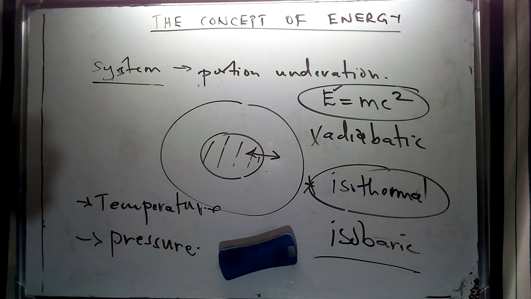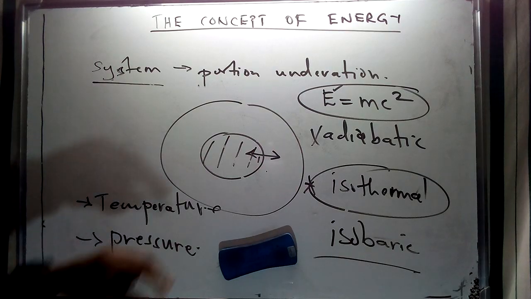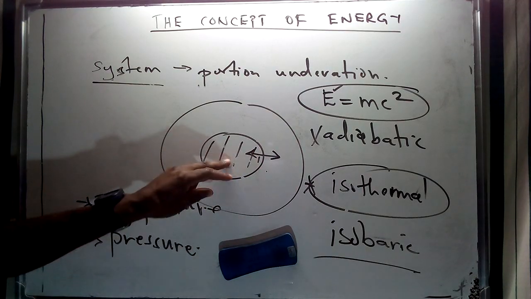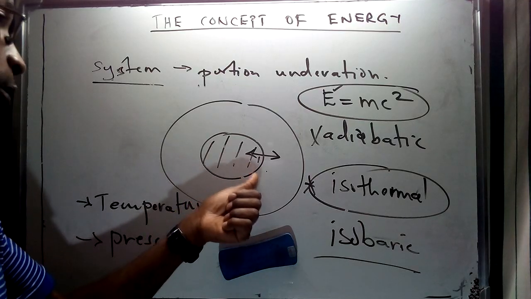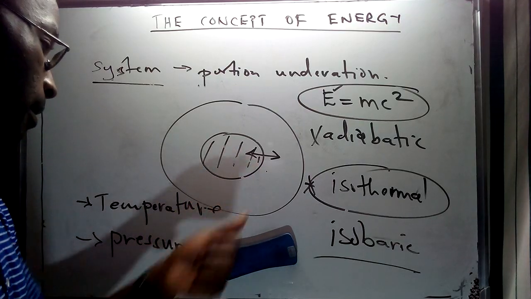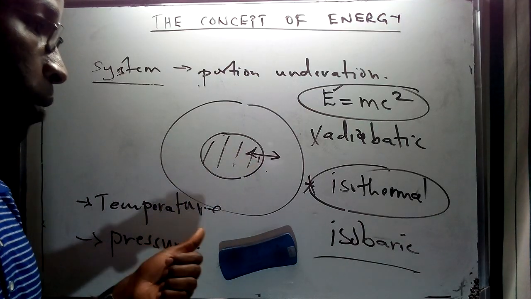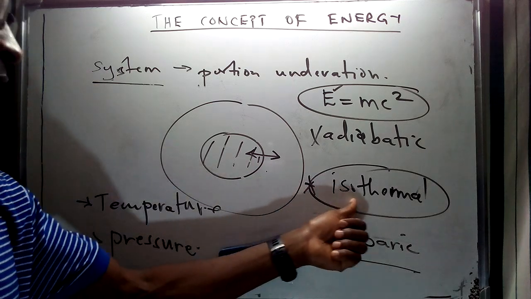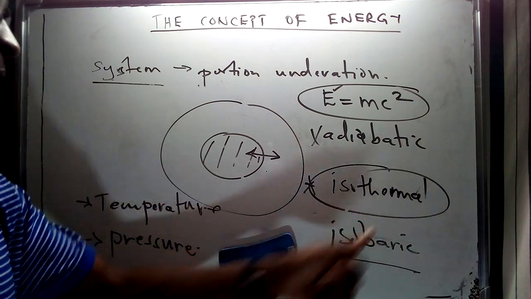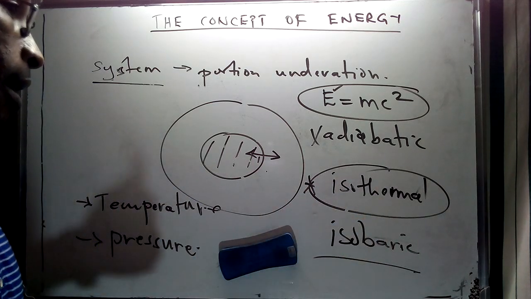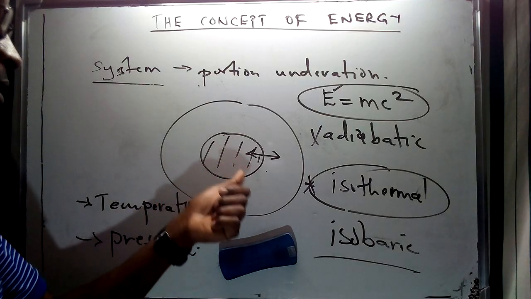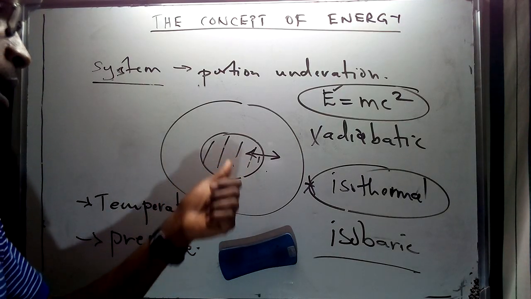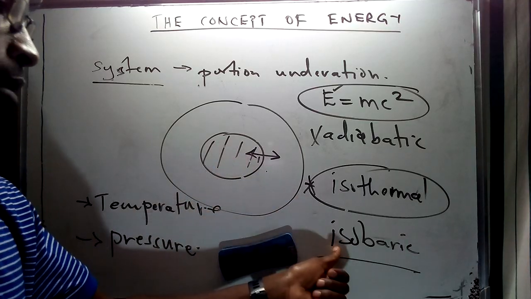And then we say that there are various ways in which we can describe the change of energy between the system and surrounding, whereby if there's an exchange of heat energy between the system and the surrounding at constant temperature, we are going to refer to that state as isothermic or isothermal, as I mentioned. And next we say that if the pressure is maintained where there's an exchange of heat energy between the system and the surrounding, we're going to refer to that state as isobaric.